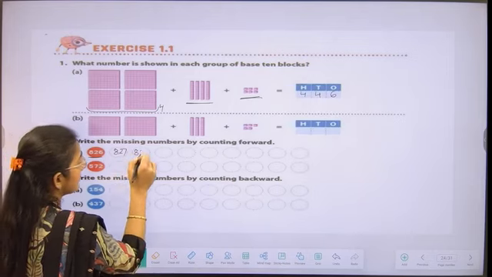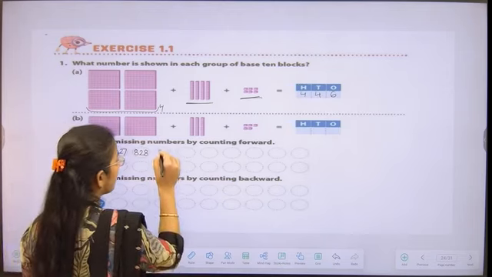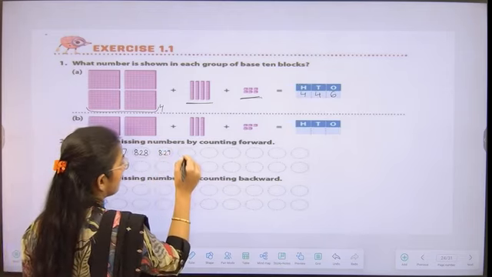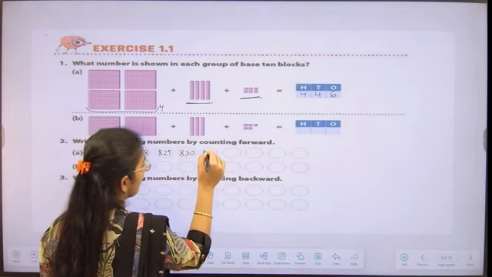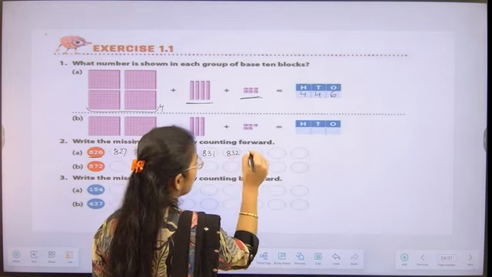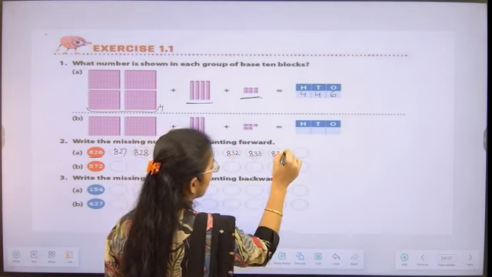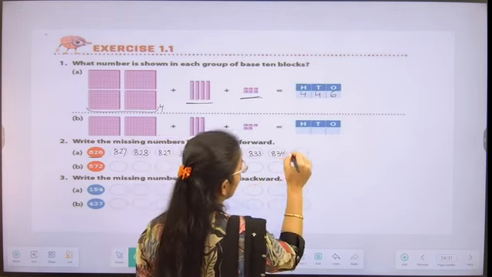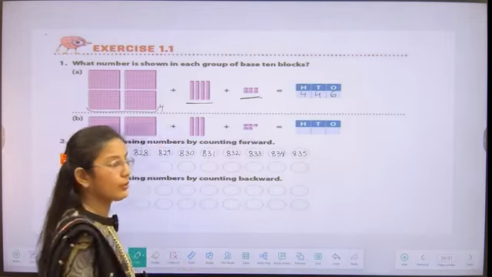After 827, we are having 828. Then 829. Then 830. Then 831, 832, 833, 834, 835.